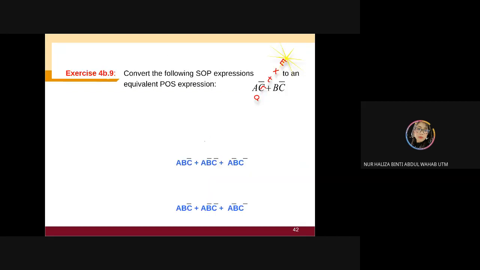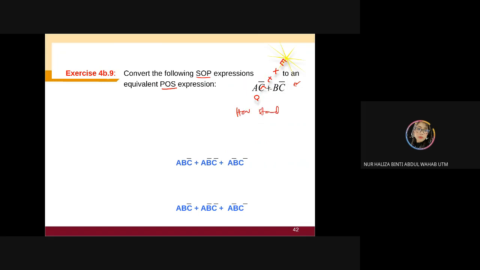This one, you have to convert the following SOP to the equivalent POS. This is not standard. That's why you need to know how to standardize it.